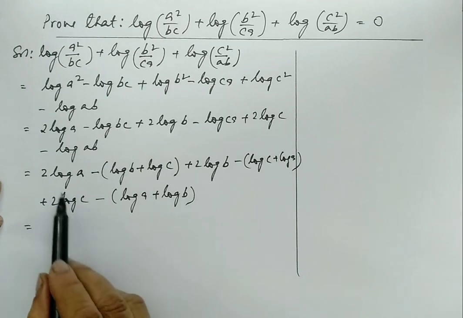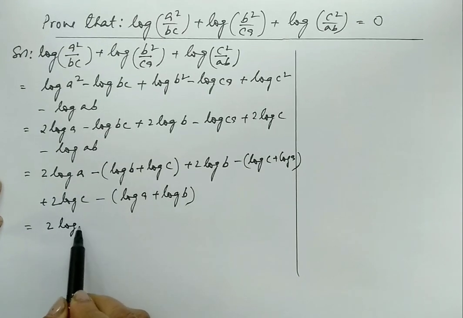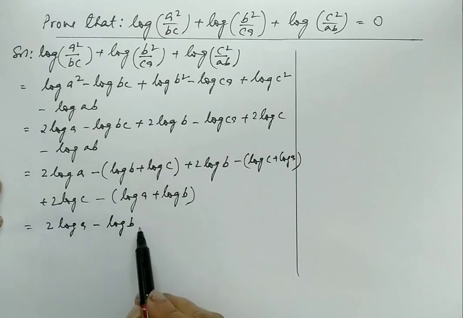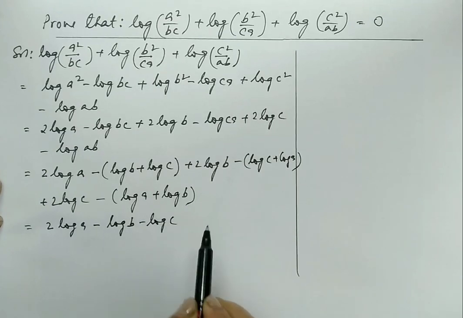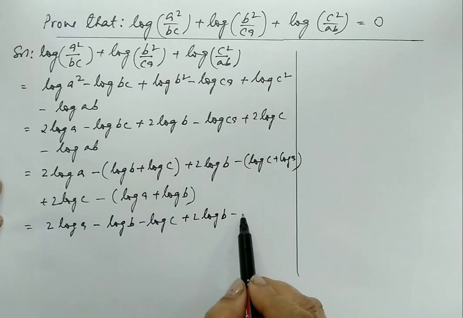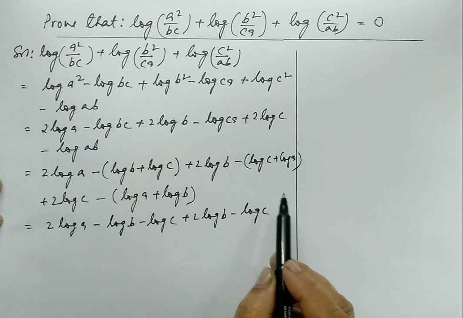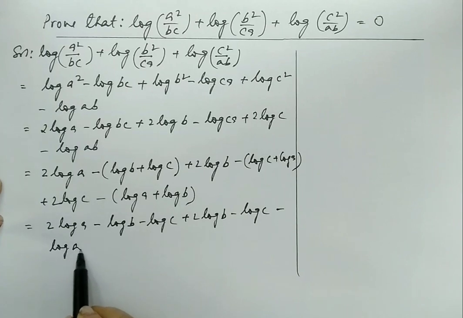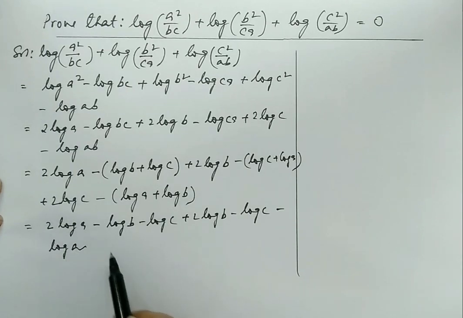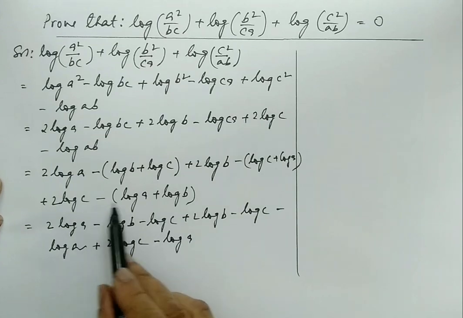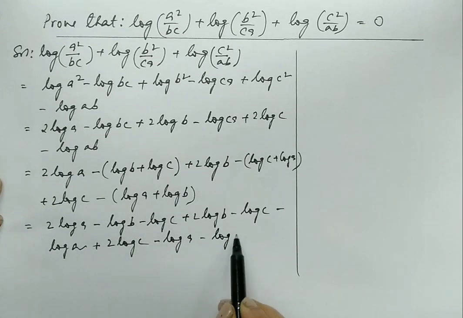So we have 2 log A minus log B minus log C, plus 2 log B minus log C minus log A, plus 2 log C minus log A minus log B.